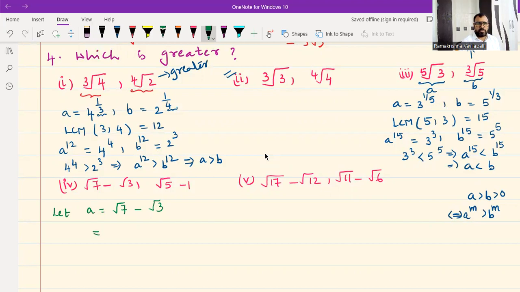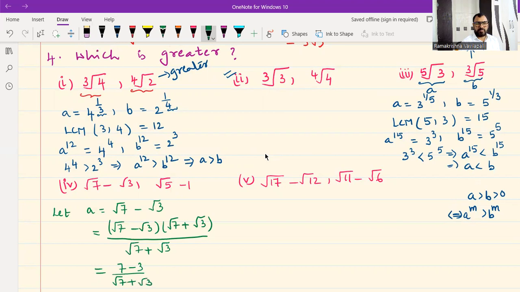So root 7 minus root 3, multiply and divide with its conjugate, root 7 plus root 3. This is a minus b into a plus b, so a square minus b square. So we can write 7 minus 3 by root 7 plus root 3, equal to 4 by root 7 plus root 3.